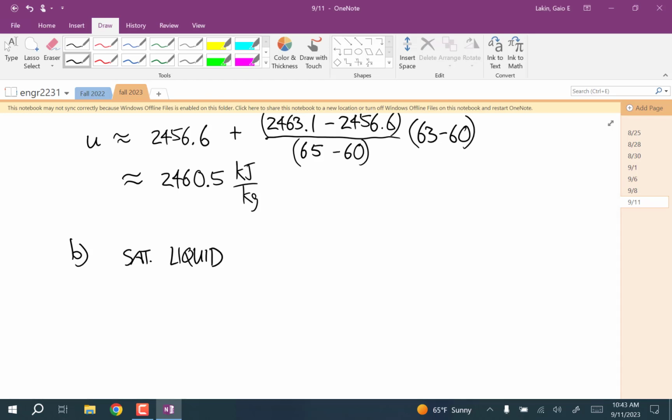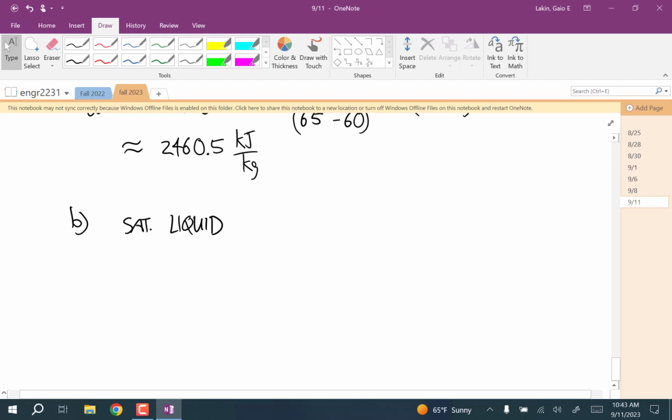What we get for this is, at 60 degrees Celsius, a specific internal energy of 251.11 kilojoules per kilogram.